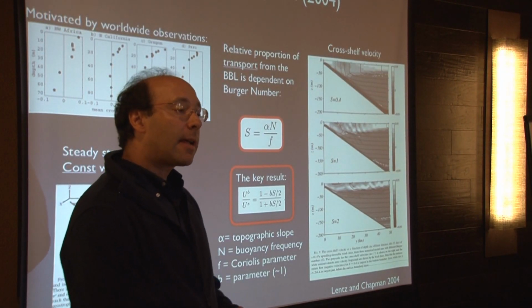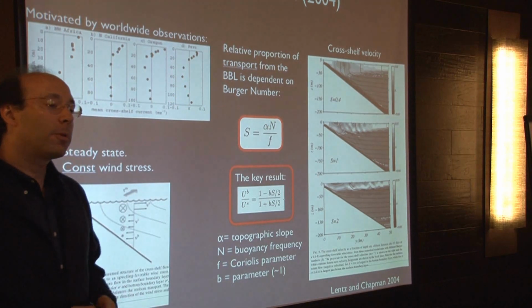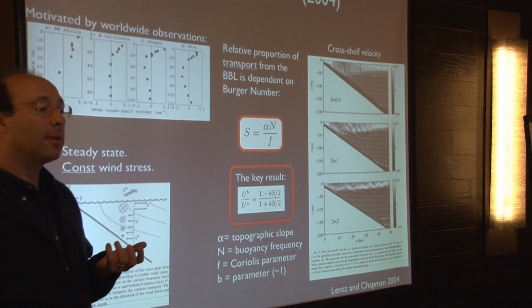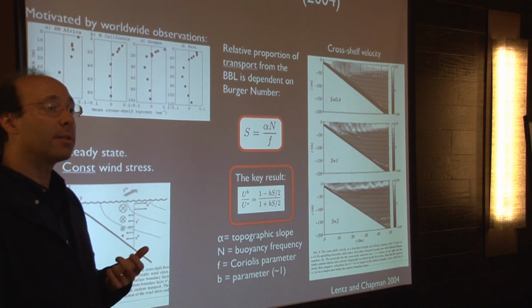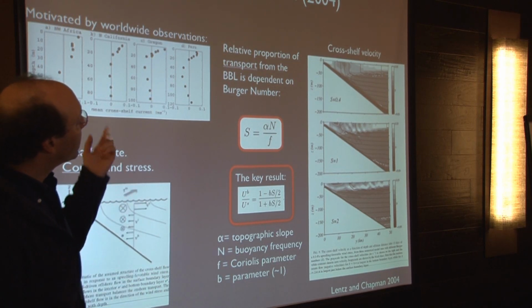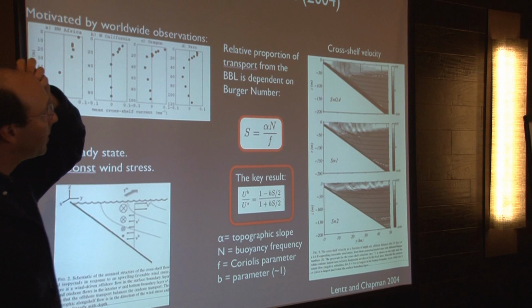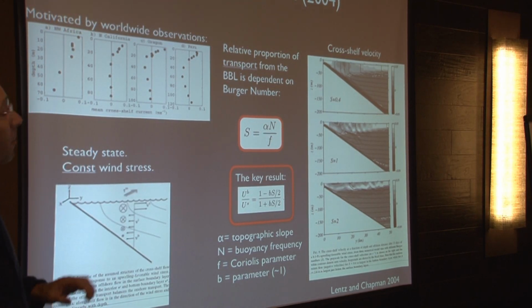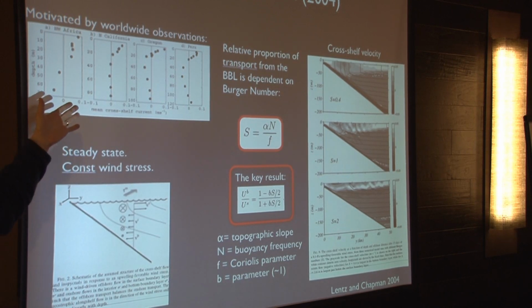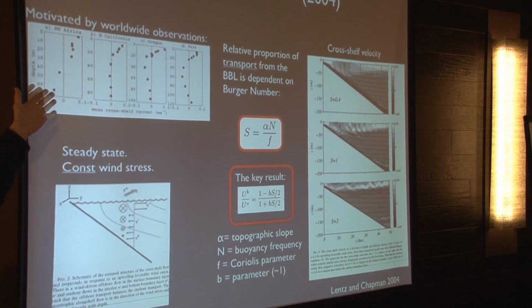All right, the next topic I wanted to talk about were physical controls on the source depth of upwelling, and this, of course, matters in terms of nitrate fluxes. And the starting point for this is a paper by Steve Lentz and Dave Chapman from 2004, where they were motivated by observations in cross-shore transport from different coastal upwelling zones.